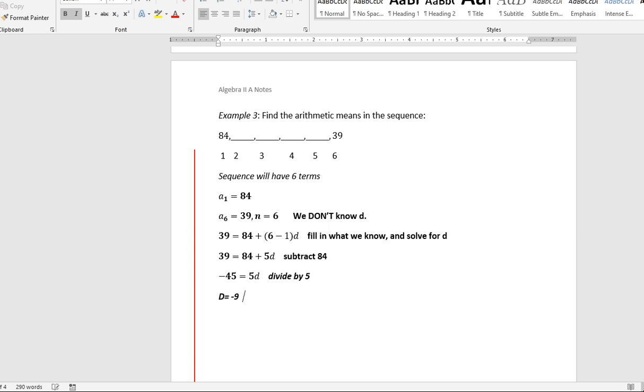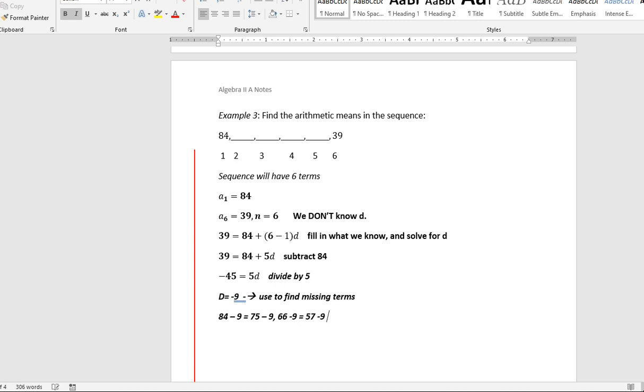So once we have that, our last step, use d to find missing terms. So we get 84 minus 9 is 75. Just like we did in the last section, subtract 9 again. 66 minus 9 again is 57.